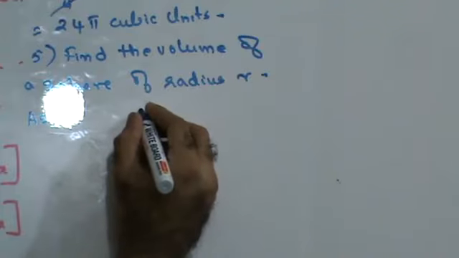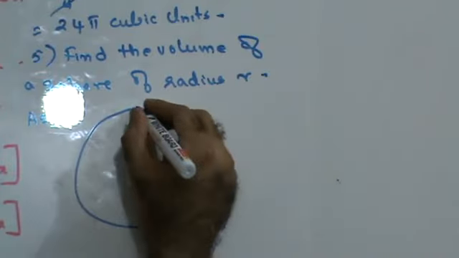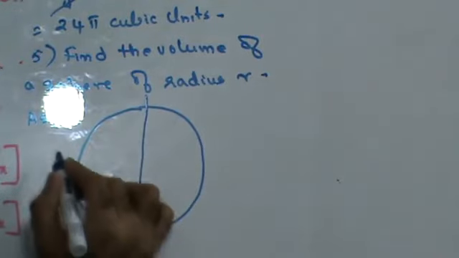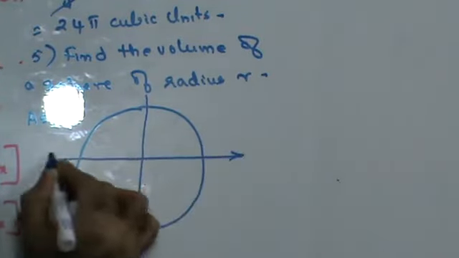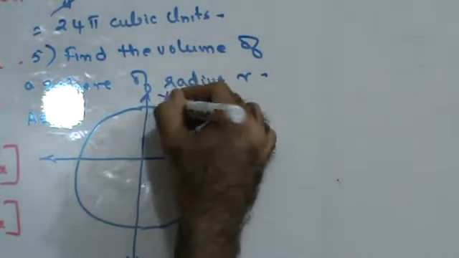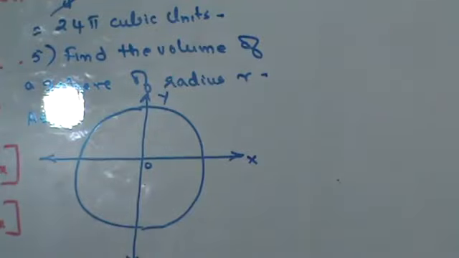So let's draw this, guys. I have this circle, coordinate system, x-axis, y-axis. Now if I rotate the circle about its axis, they are saying that the radius is r.